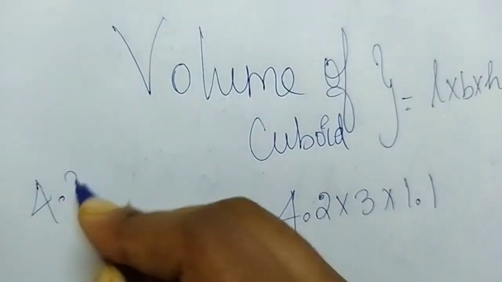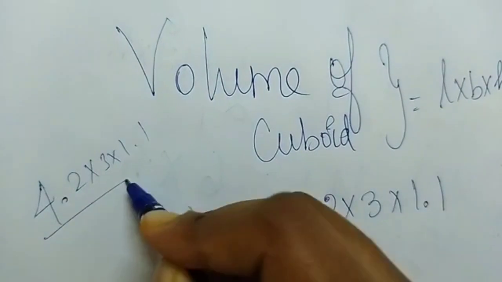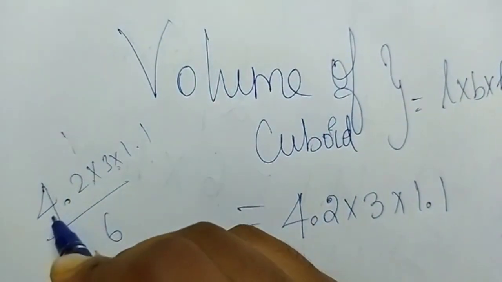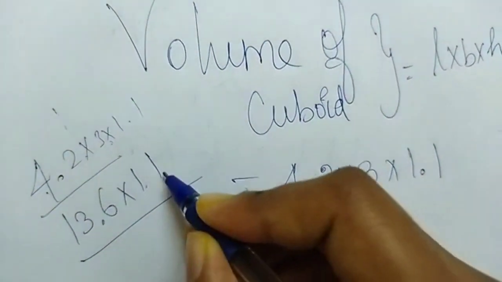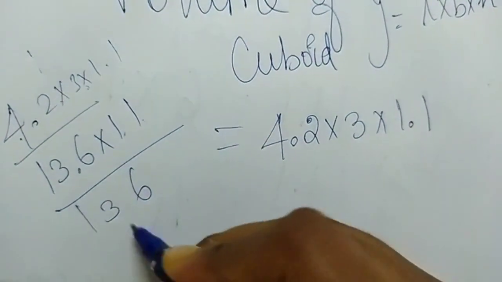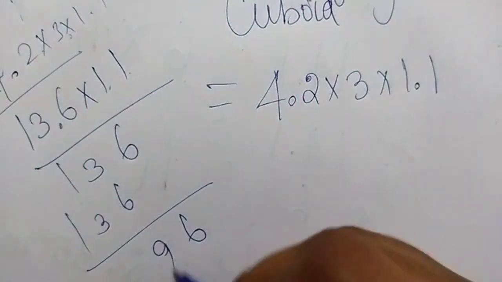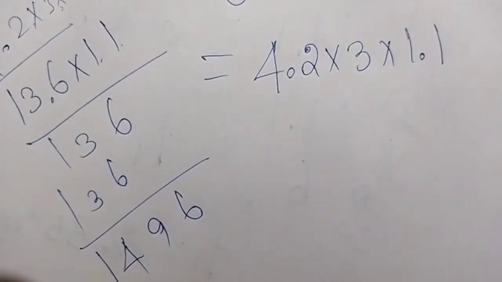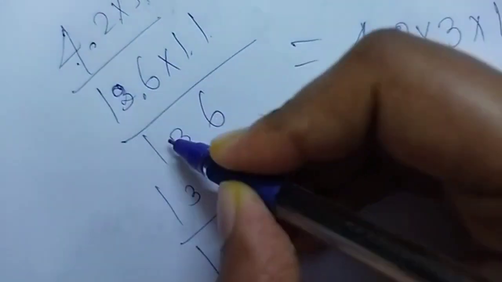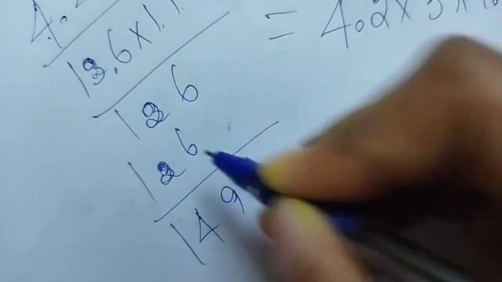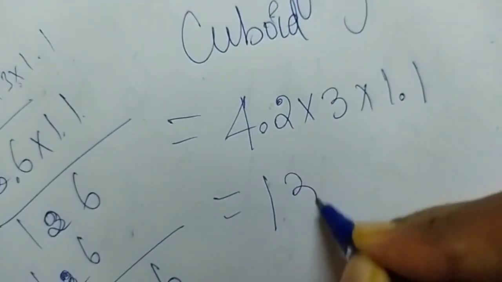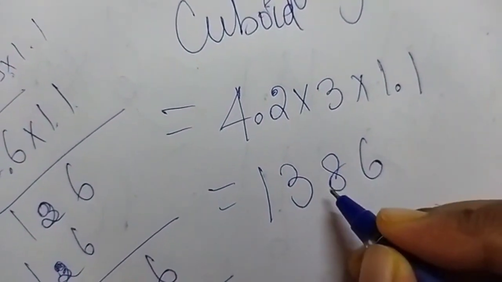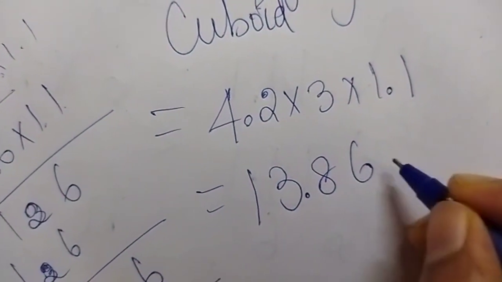So 4.2 into 3 into 1.1. 3 2s are 6, 3 4s are 12, so we get 12.6. Then 12.6 into 1.1, which gives 1386. Moving 2 decimal points we get 13.86 meter cube.